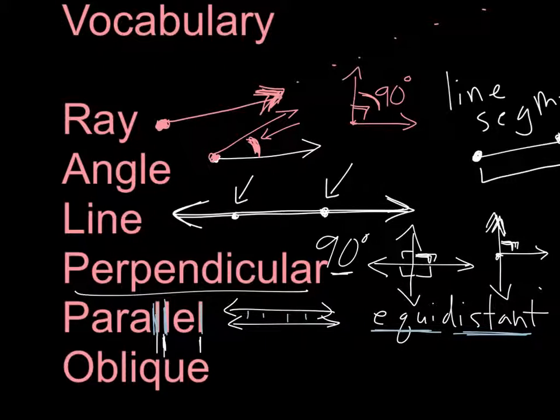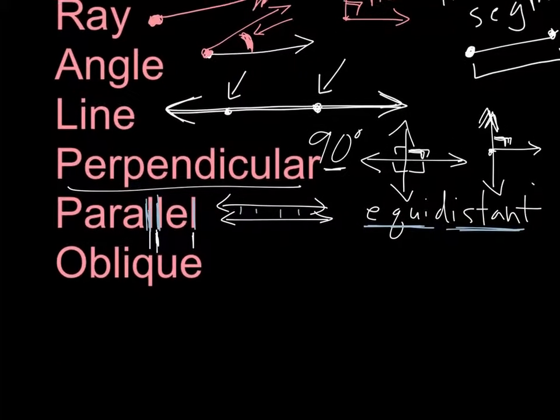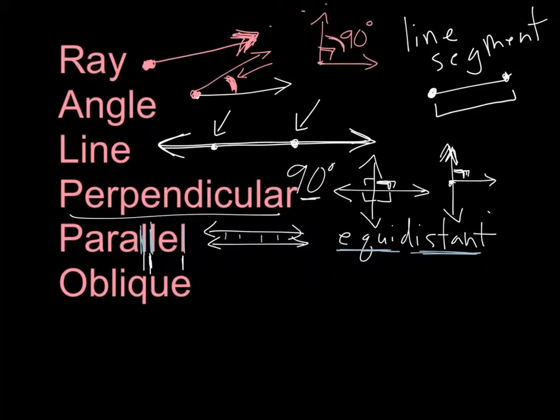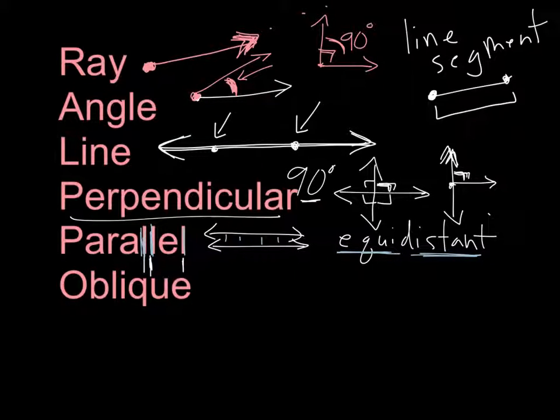And this last one I'm pretty sure is new to you, oblique. I've never taught oblique lines before in 3rd or 4th grade, but 5th grade we get to introduce oblique lines. And oblique lines are lines that intersect at non-right angles. So notice I have an acute angle there and an obtuse angle there.